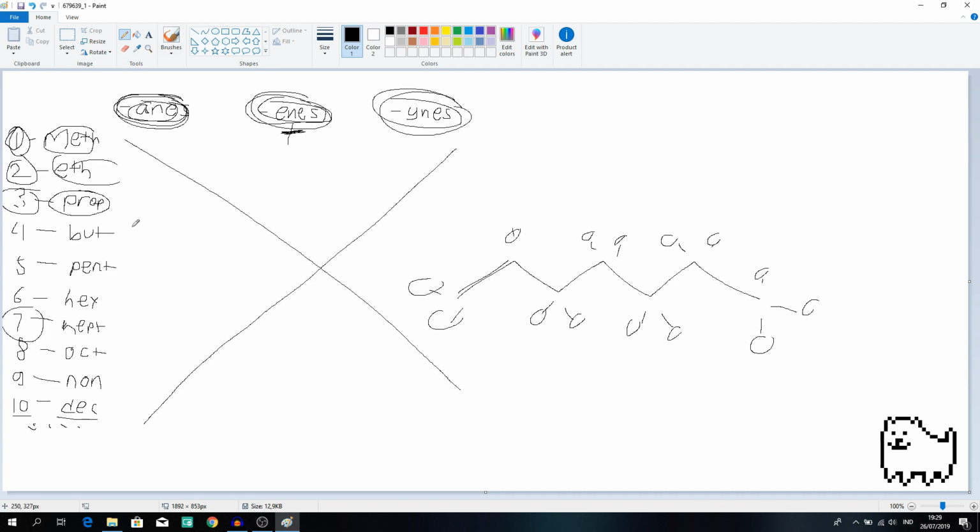And you can easily check this out. Ethane has 6 hydrogens, so we go from 6, 8, 10, 12, 14, 16. Wait, hold on. Am I doing this right? Wait. C2H6.